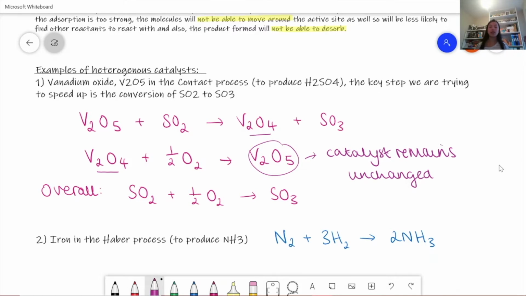A really important thing also to know about catalysts is that they speed up the time it takes to get the reaction to equilibrium, because this reaction here is actually an equilibrium. So the catalyst speeds up the time it takes to get to that equilibrium, but it does not change the equilibrium. It doesn't shift it to the left or to the right, because catalysts have no effect on equilibria.